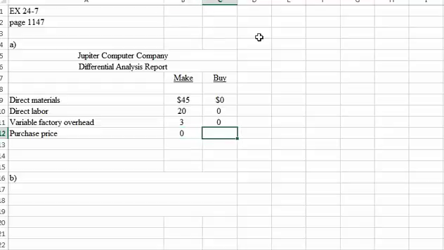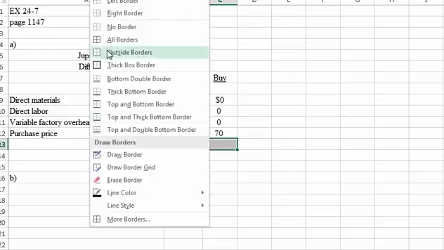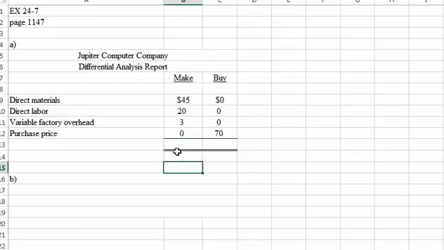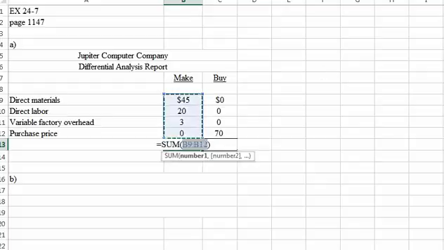If we buy them, then the purchase price would be $70. Okay, so now let's total these. We're just adding these numbers together. Same here and here.